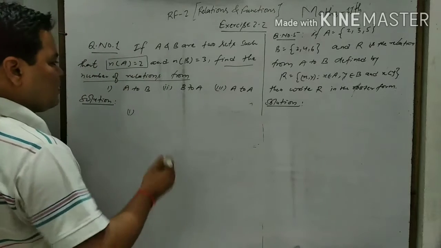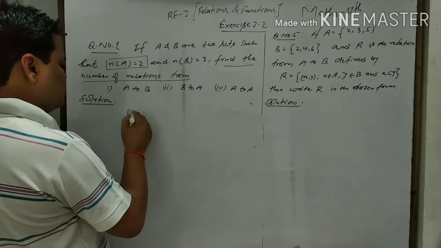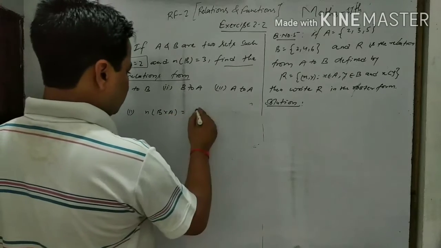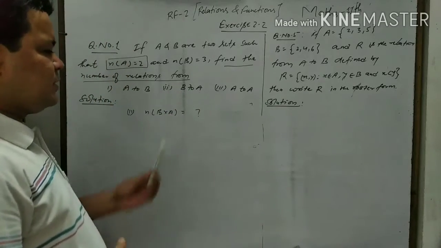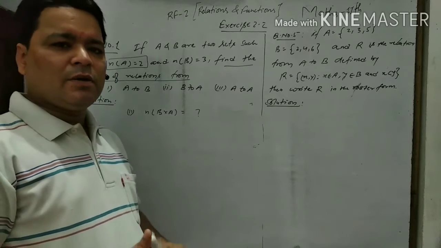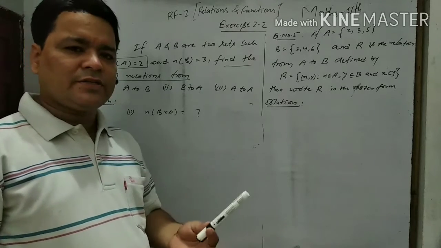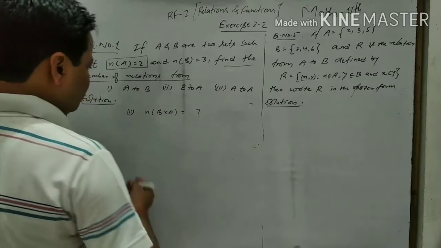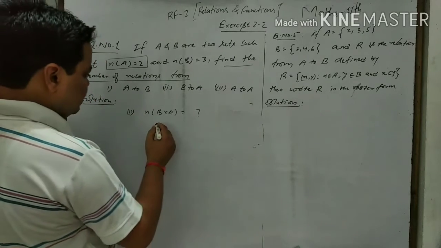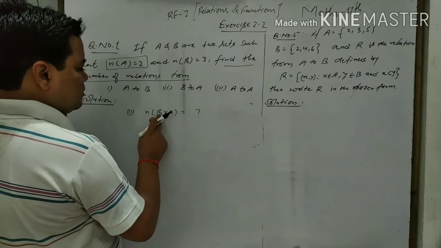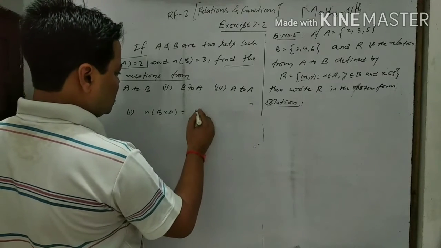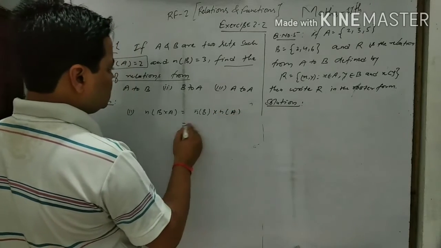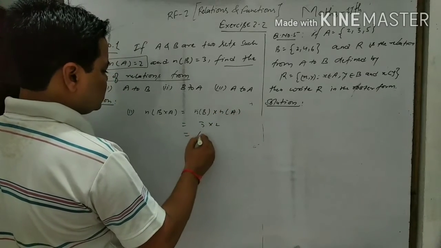Here also, according to the question, we have to find the Cartesian product of B cross A, because each subset represents a relation. So the cardinal number of B cross A is equal to the cardinal number of B into the cardinal number of A, which is 3 into 2, that is 6.